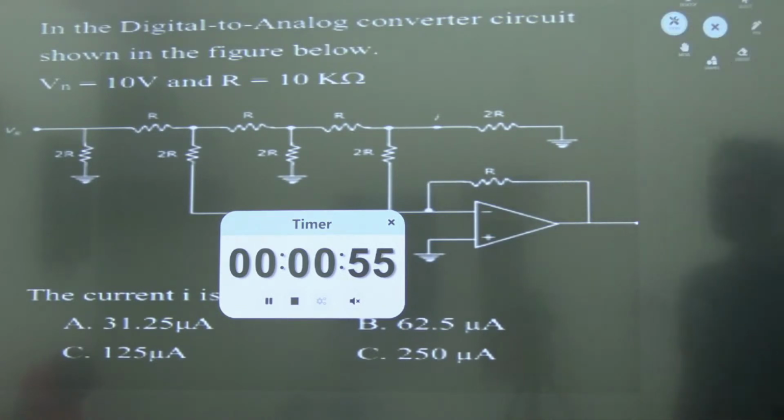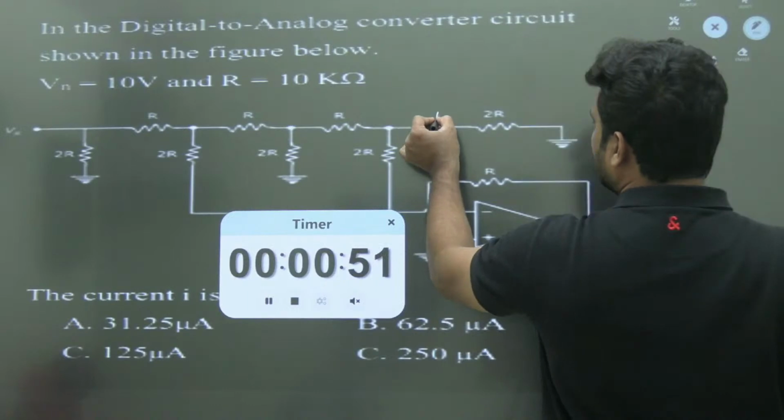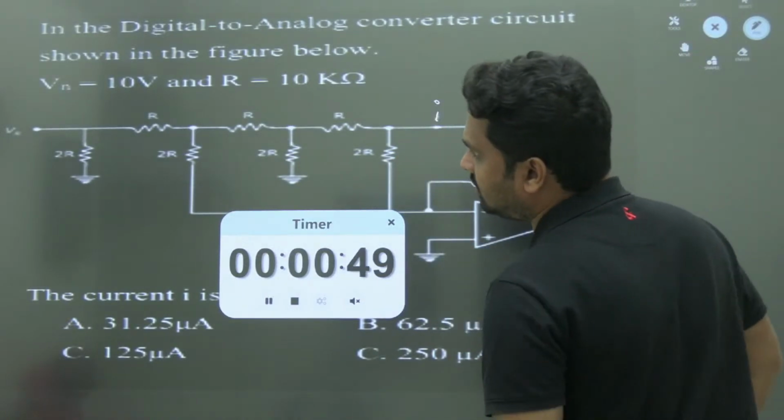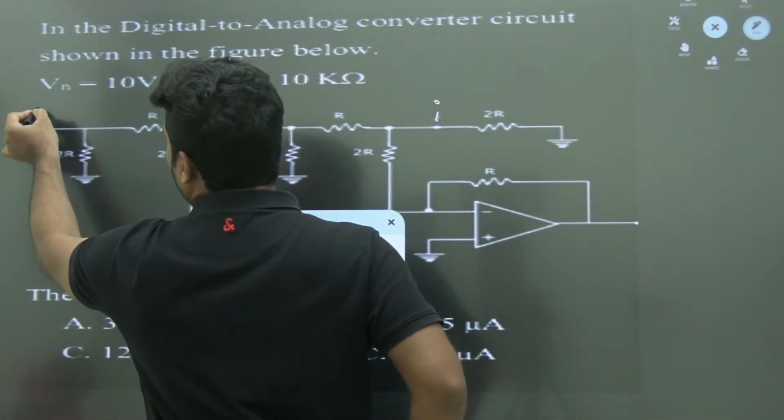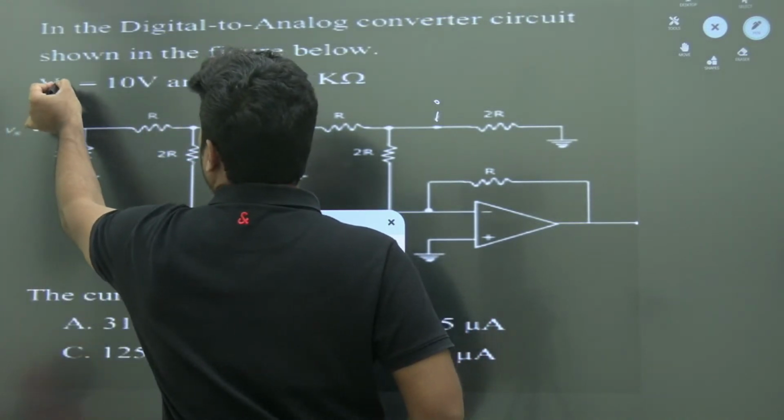This is not a difficult question. Here we want this current I. This is the VR, or V in, whatever it may be, which is equal to 10 volts.